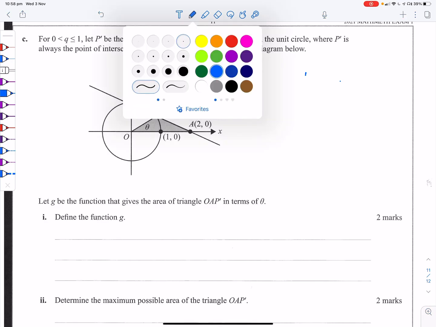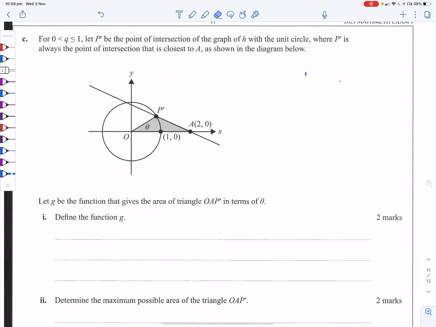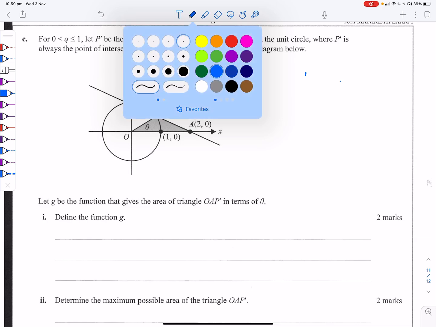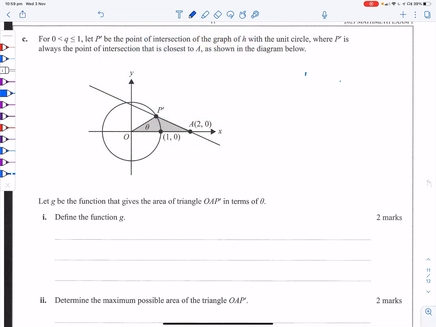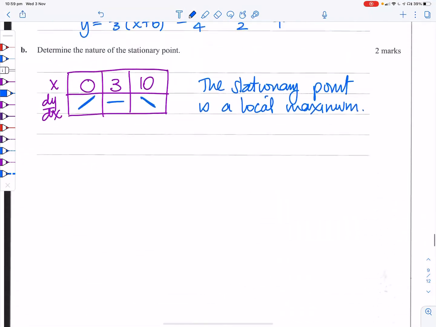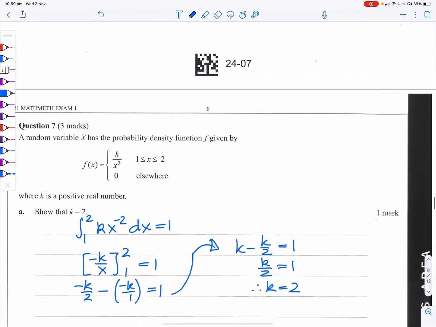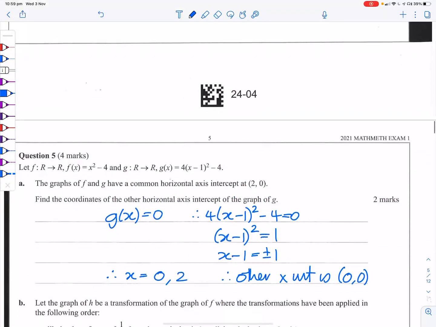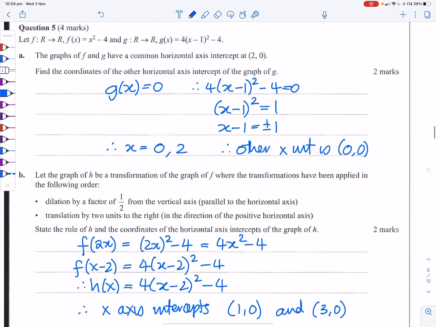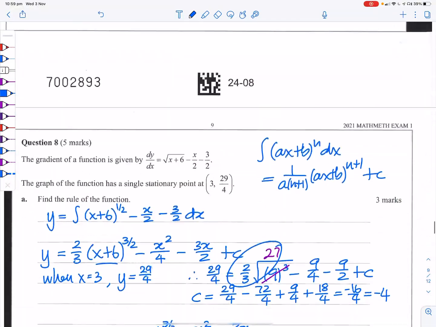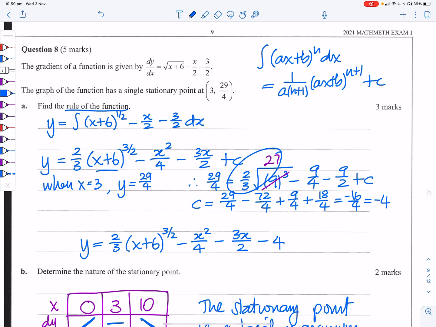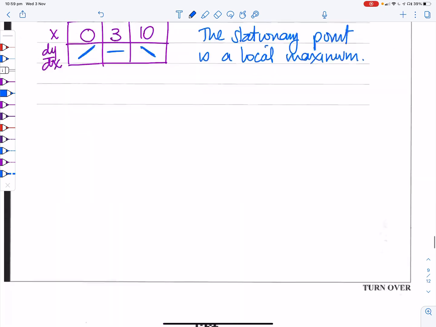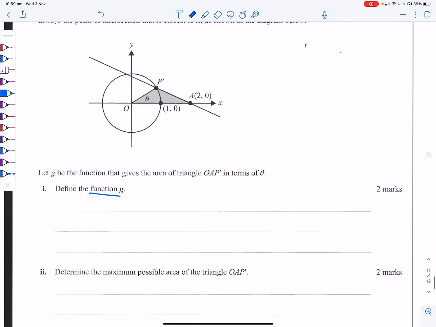Now, this is worth 2 marks, and it says to define the function g. In this case, they may want you to say what the domain is. But this is what I was talking about before, when up here it said to define a function. I'm pretty sure, where was it? Back here. With that one, find the rule for the function. They don't want you to give the domain. But with this one here, maybe they do.